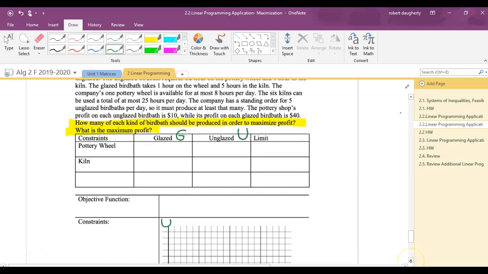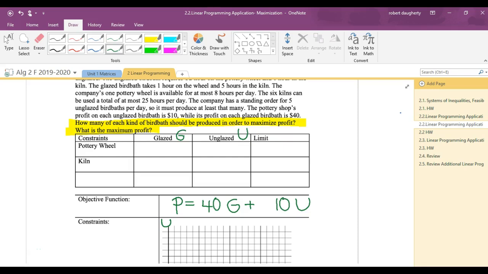Maximize profit. So I have a function for profit. And because I defined the variables G and U, it's going to be something G plus something U. What is the profit on each glazed? The profit on the glazed is 40, and the profit on the unglazed is 10. So that is going to be my objective function.